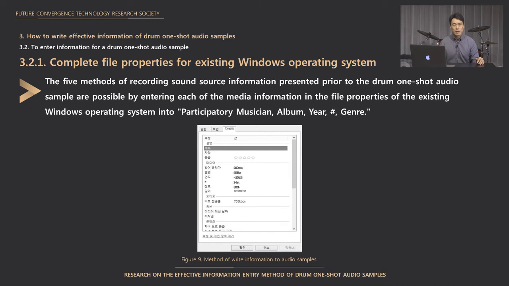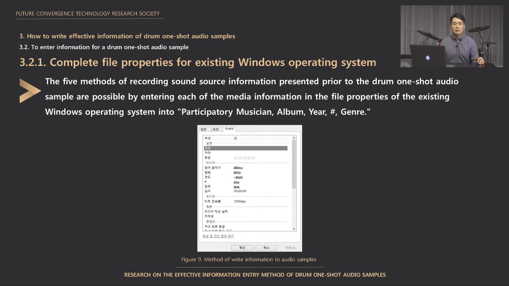The 5 methods of recording sound source information presented prior to the drum one-shot audio sample are possible by entering each of the media information in the 5 properties of the existing Windows operating system: participating musician, album, year, shop, genre.